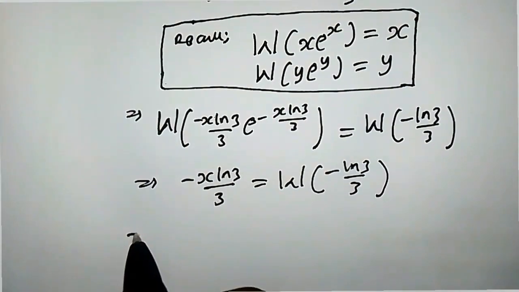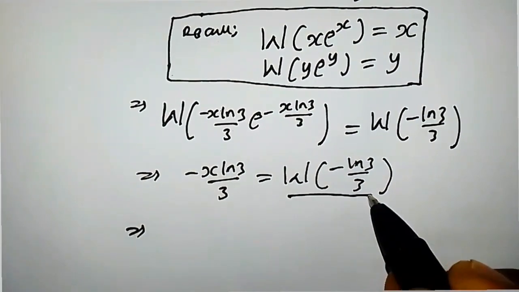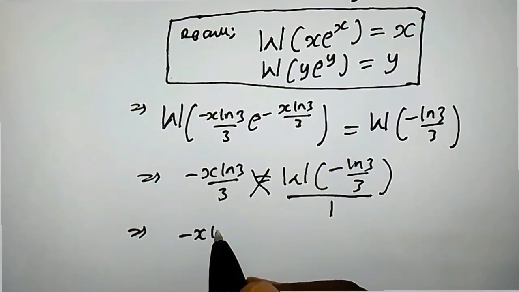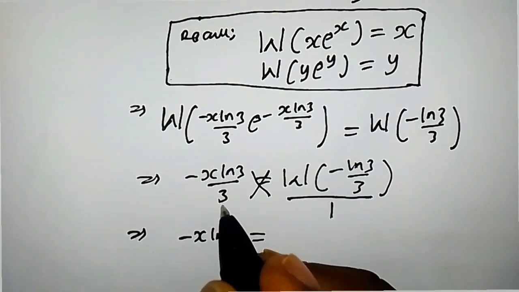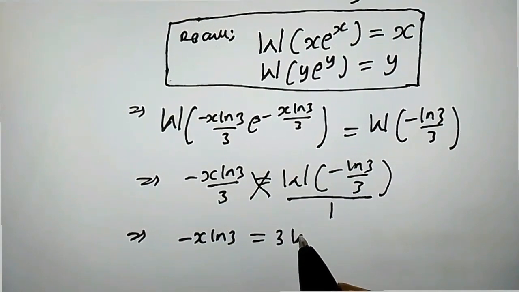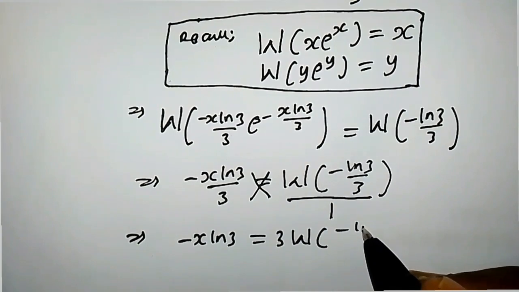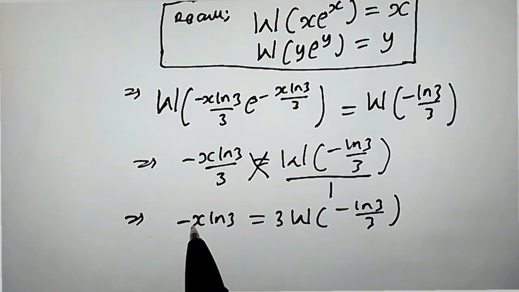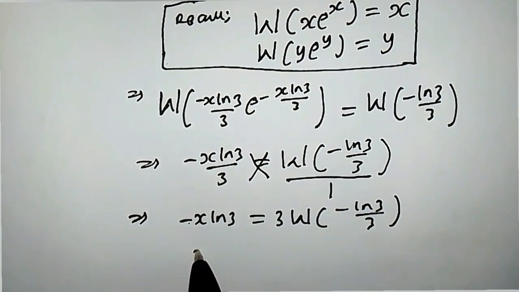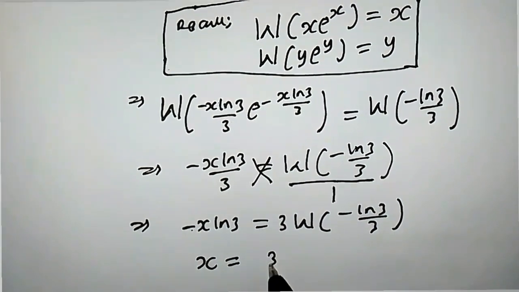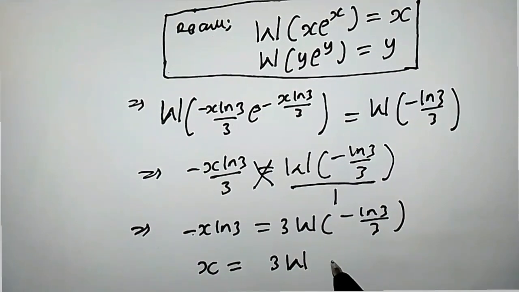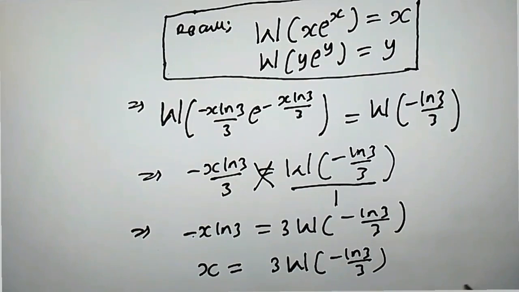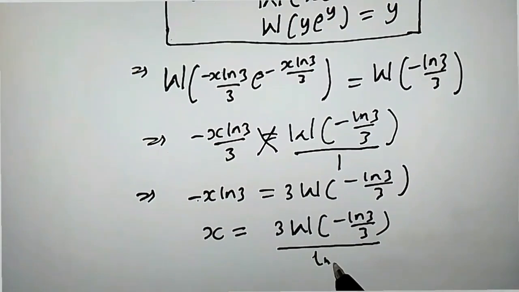Now when we cross multiply, we're going to have minus x ln 3 equals 3 times W of minus ln 3 over 3. When we divide both sides of this equation by minus ln 3, we're going to have x equals 3 times W of minus ln 3 over 3, everything over ln 3.